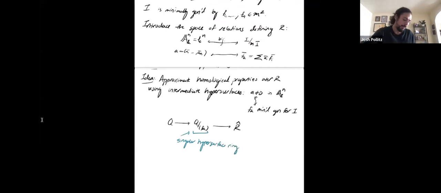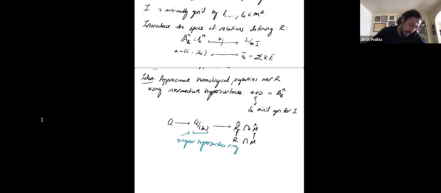And what we're interested in doing is studying, let's say you have some R-module. So you have R acting on some module M, and you can go along this faithfully flat extension to M hat.